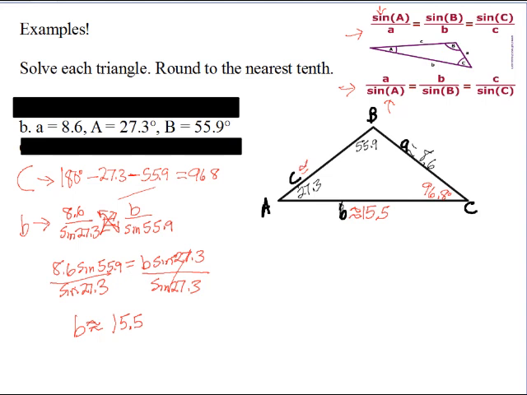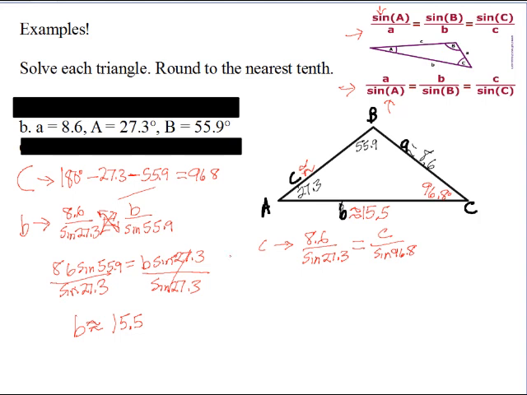And then little c, same thing. Here's little c. We have 8.6 over sine of 27.3, which is equal to little c over the sine of 96.8. Remember, this is big C, this is big A, little a, and we're doing this one and this one. That's where that comes from.